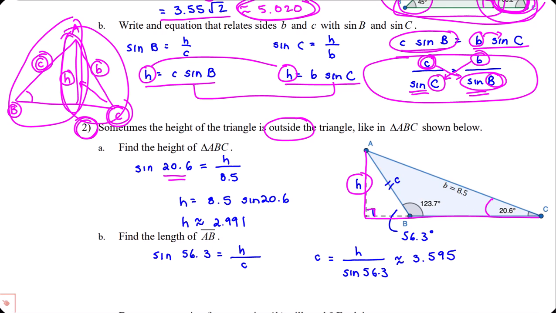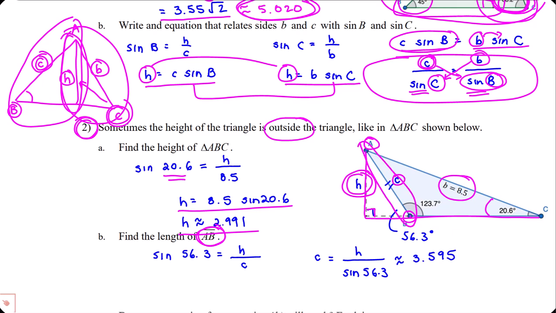The opposite side of the right triangle is h, and the hypotenuse is 8.5. Cross multiply, and we have here height is about 2.99. They want us to find the length of side AB, so that's here. I'm going to call that c if you don't mind.